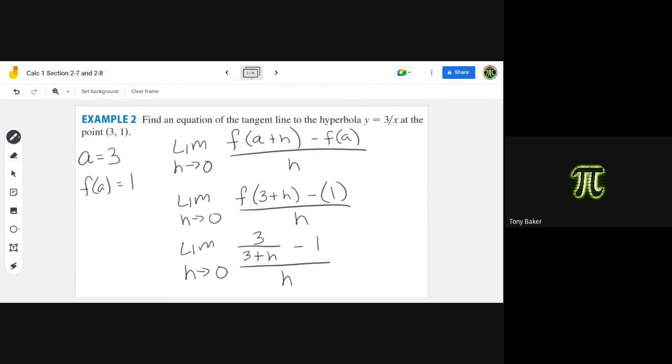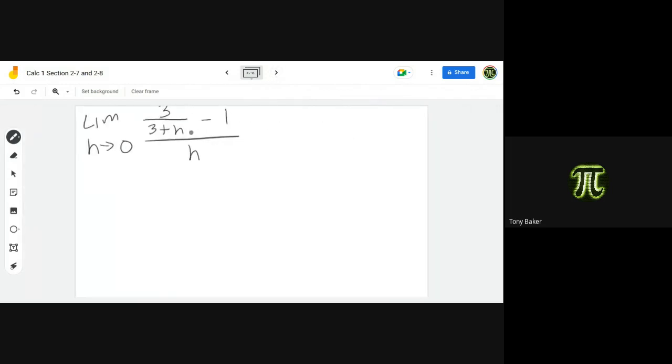And now we have to do a bunch of algebra. All right. So I've got a fraction over a fraction. On the top, I have a fraction minus 1. I want to make this one fraction, which means I need a common denominator. And so we're just looking at the top now. So my common denominator is going to be 3 plus h.